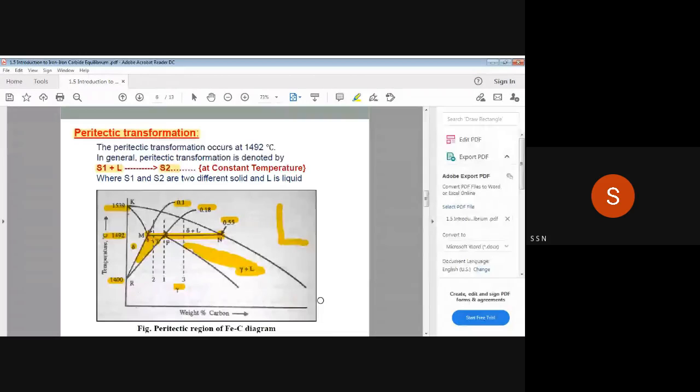Now, what are gamma plus liquid and delta plus gamma called? This branch on the left side, delta plus gamma written here, is called hypoperitectic steel, and this portion is called hyperperitectic transformation.